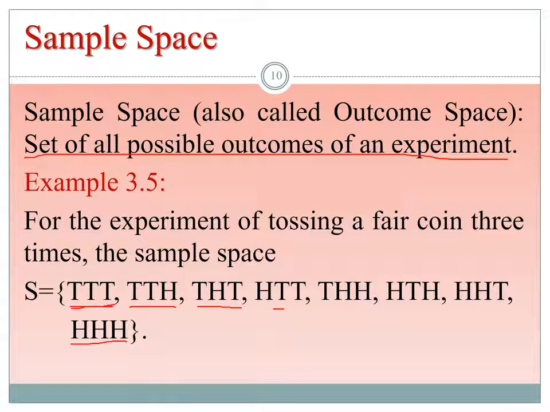Similarly, we can write all the possible outcomes. This we call the sample space. Usually we denote the sample space with capital S. Some textbooks use the notation omega, which is also a sample space notation, but in this presentation I am going to use capital S for the sample space.